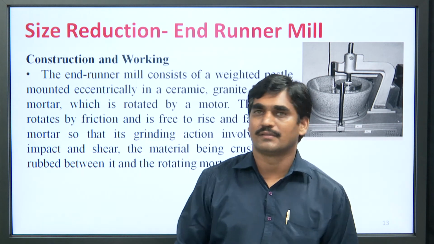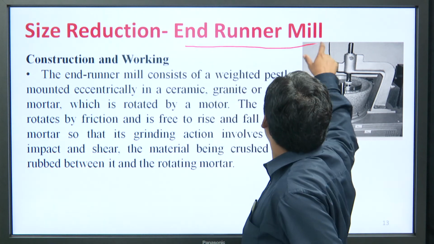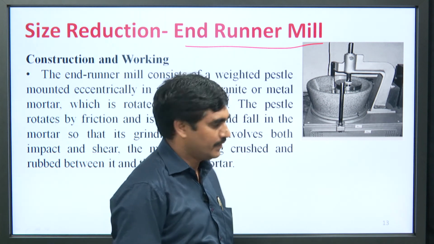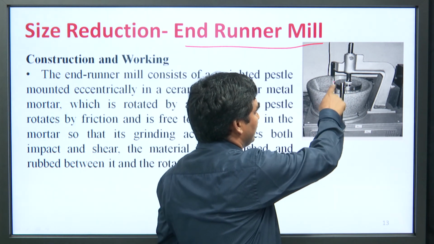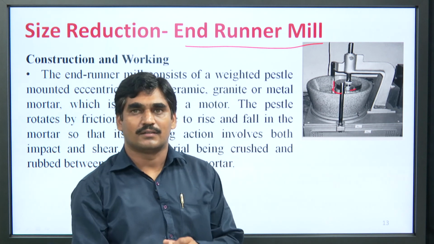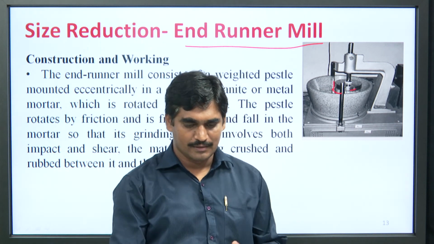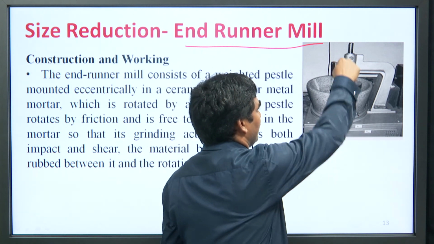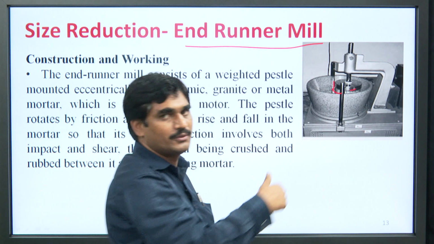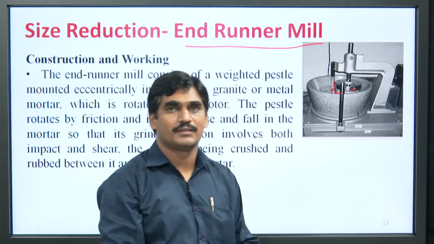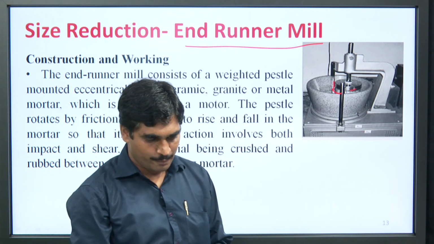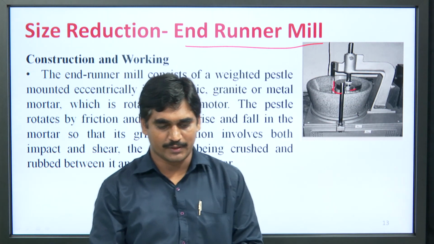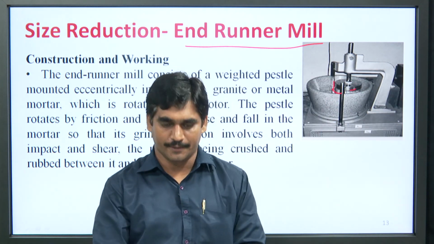The next mill is the end runner mill. If you see the diagram, the end runner mill consists of a pestle, mounted eccentrically in a ceramic, granite or metal mortar. This is the mortar, and in this mortar a pestle is introduced. With the help of a motor, this pestle is rotated.